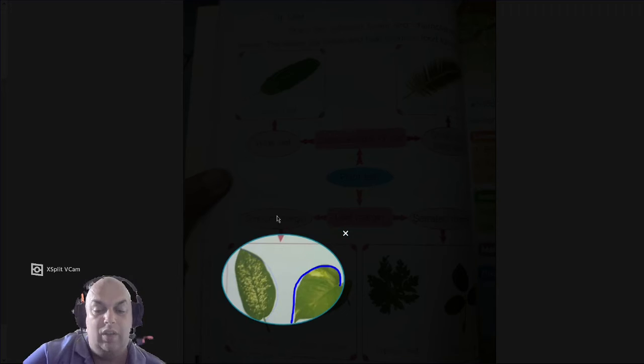But if we look at these leaves over here, you can see they are not smooth. They are more like zigzag, as you can see over here. So these are what we call serrated. These are serrated margins.